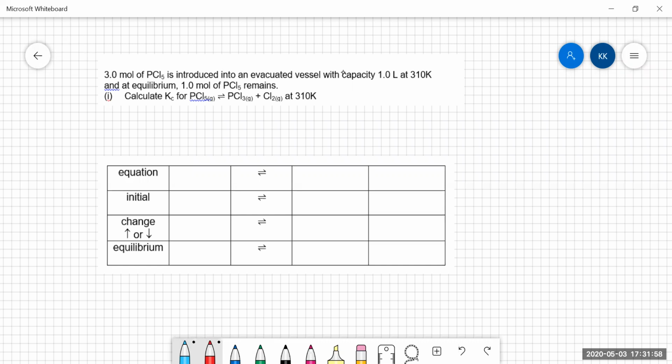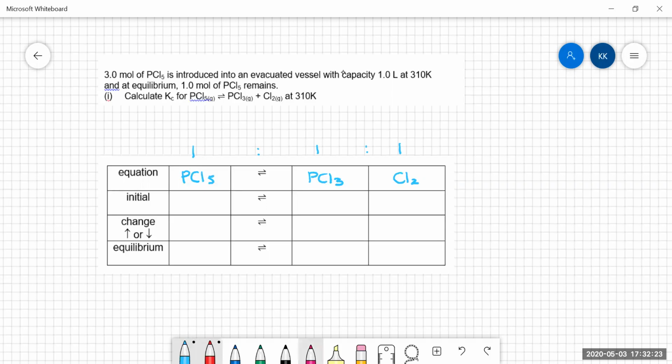Okay, we are back. The first thing we put in our table is our equation because we want our mole ratio. So we've got PCl5, and that's in equilibrium with PCl3 and chlorine. My favourite mole ratio, 1 to 1 to 1.